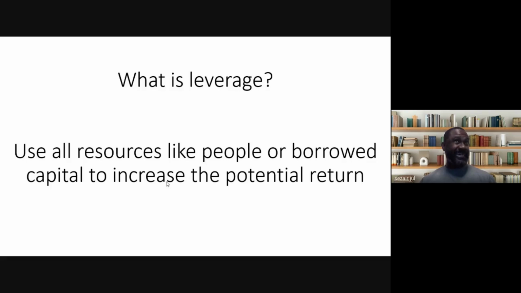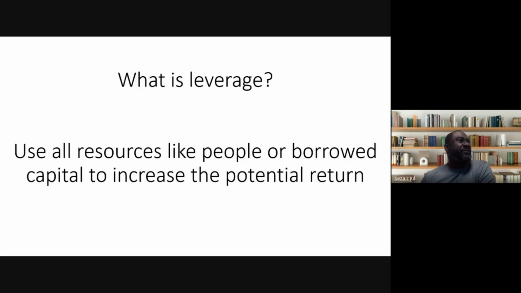When I rent the house, I leverage the people to pay me to stay at the house so I can get a return every month, the cash flow, so I can make money renting the house. That's leverage at its best. So if you're an investor, you need to learn to do that.